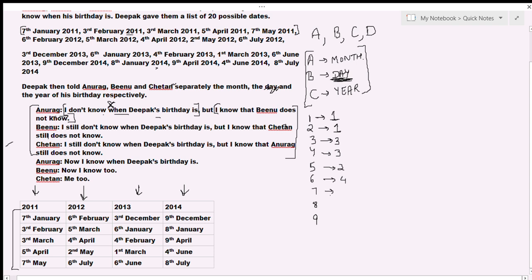What about the 7th? It appears twice. What about the 8th? It appears twice. And what about the 9th? It also appears twice. Now, going by the same logic that we discussed yesterday, why is Anurag so sure that Binu does not know the exact birth date?